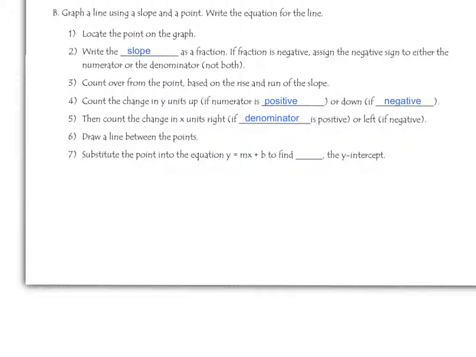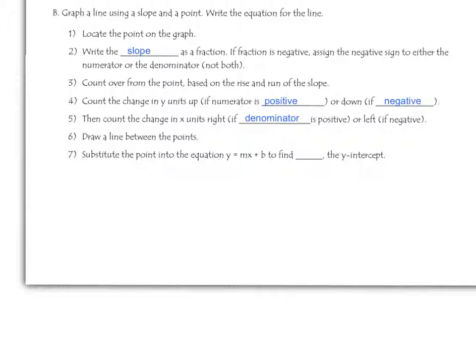And if you've made the numerator negative and the denominator positive, then you count down for the numerator and to the right for the denominator. Okay, step 6, you draw a line between the points you've just plotted. And step 7, you substitute the point into the equation y equals mx plus b to find b, the y-intercept.